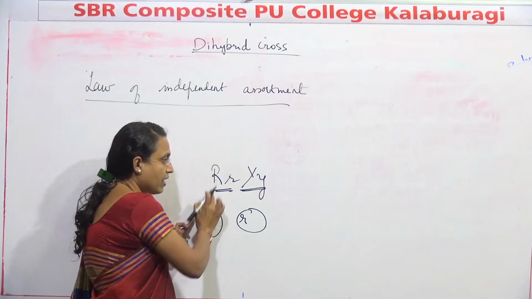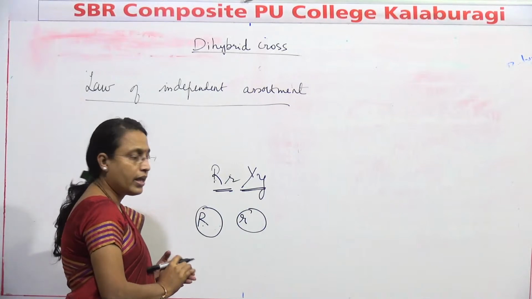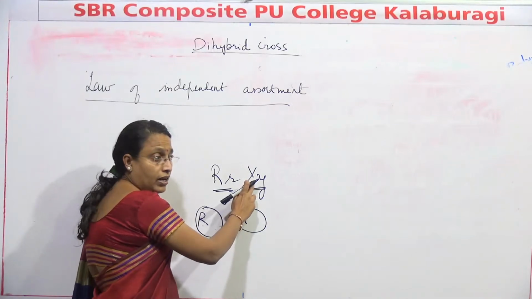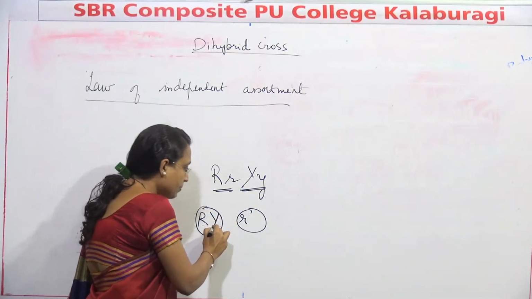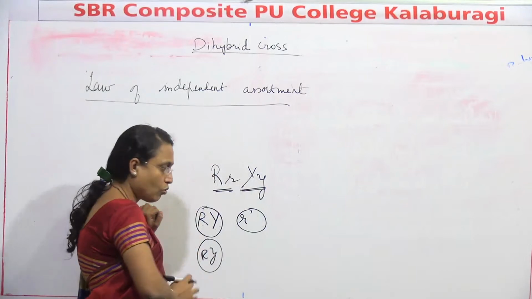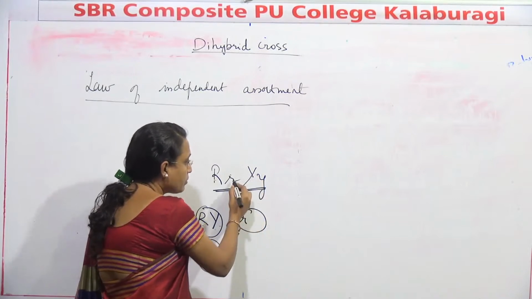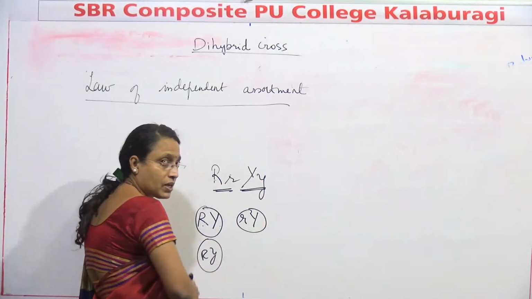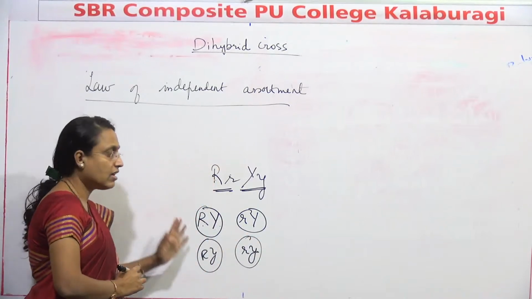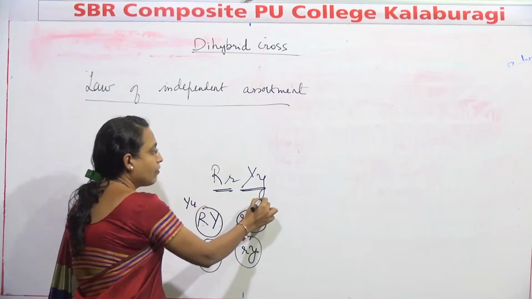Now, 50% of the capital R will combine with capital Y, but the other 50% will combine with small y. Similarly, half of the small r will combine with capital Y, and the other half of the small r will combine with small y. Thus, resulting in 4 gametes, that too in equal proportion.